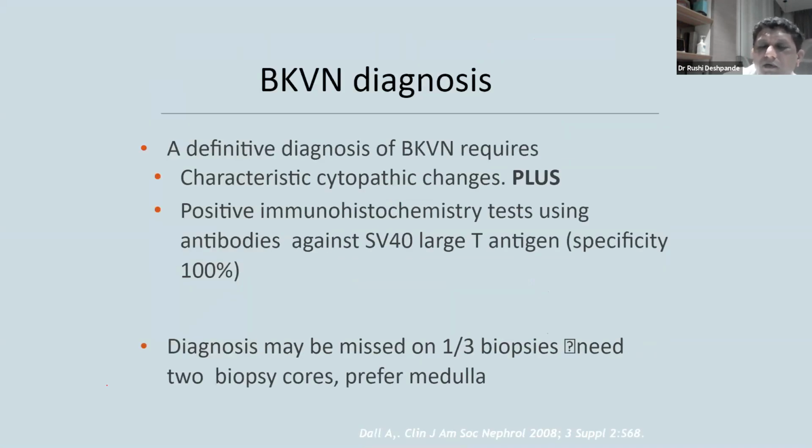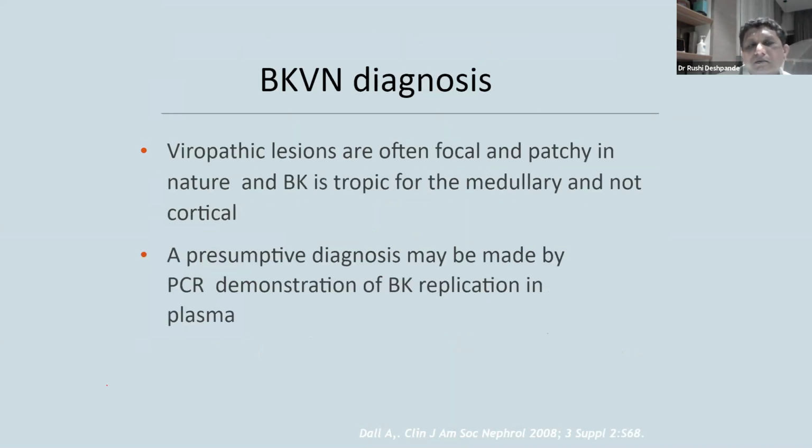Definitive diagnosis: histopathology, yes, possible. More importantly, immunohistochemistry. Previously, when PCR was not easily available, we used to use antibodies against SV40 antigen. Now, with the availability of PCR, urine as well as serum as well as tissue can be screened for BK virus. PCR can be sent.